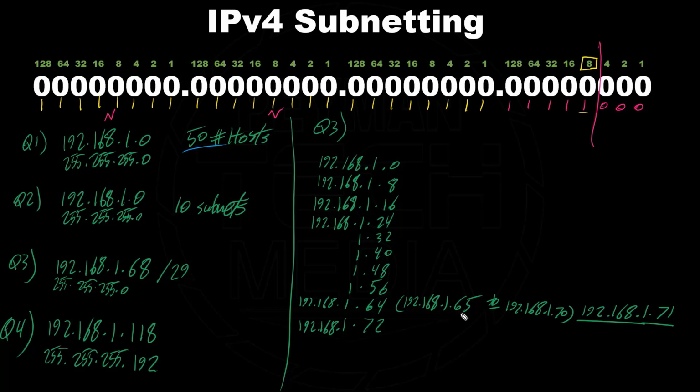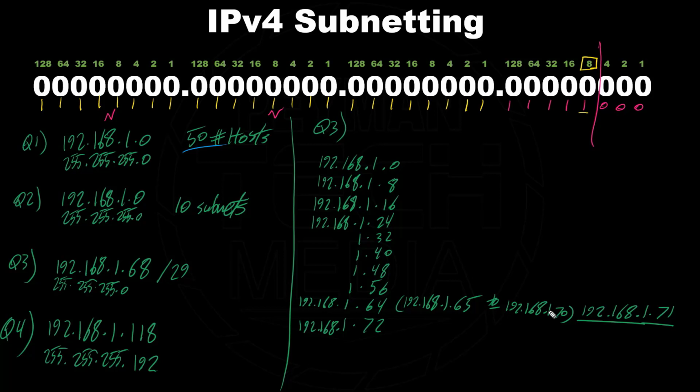If the first one is 65, the second is 66, the third available IP address would be 67, and the fourth available IP address is 68. So we know 192.168.1.68 is the fourth available IP address in this range.